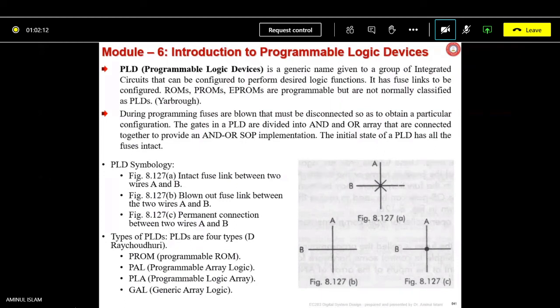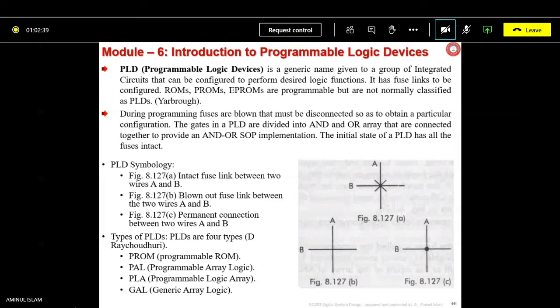So PLD, programmable logic device, is a generic name given to a group of integrated circuits that can be configured to perform desired logic functions. It has fuse links to be configured. ROMs, PROMs, EPROMs are programmable but are not normally classified as PLDs.